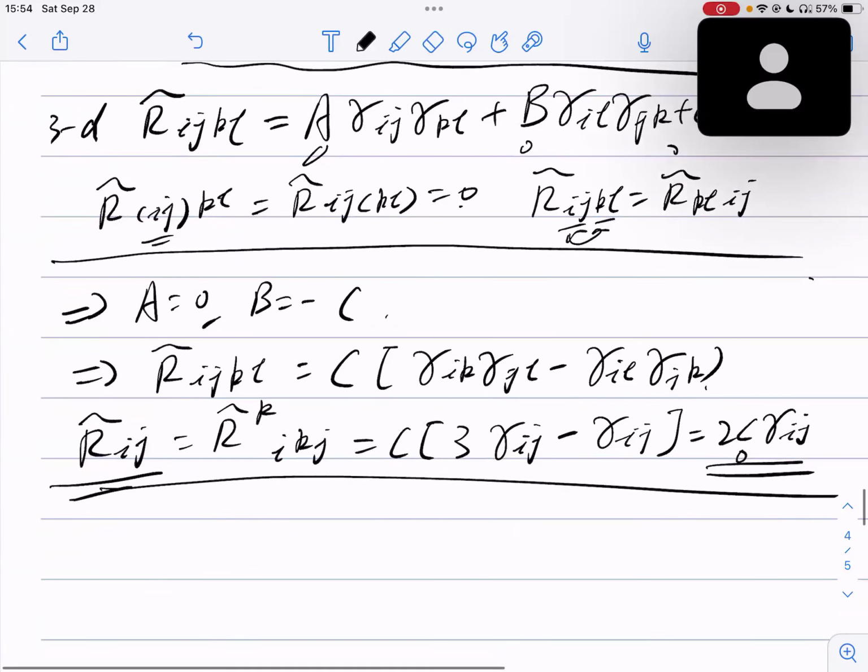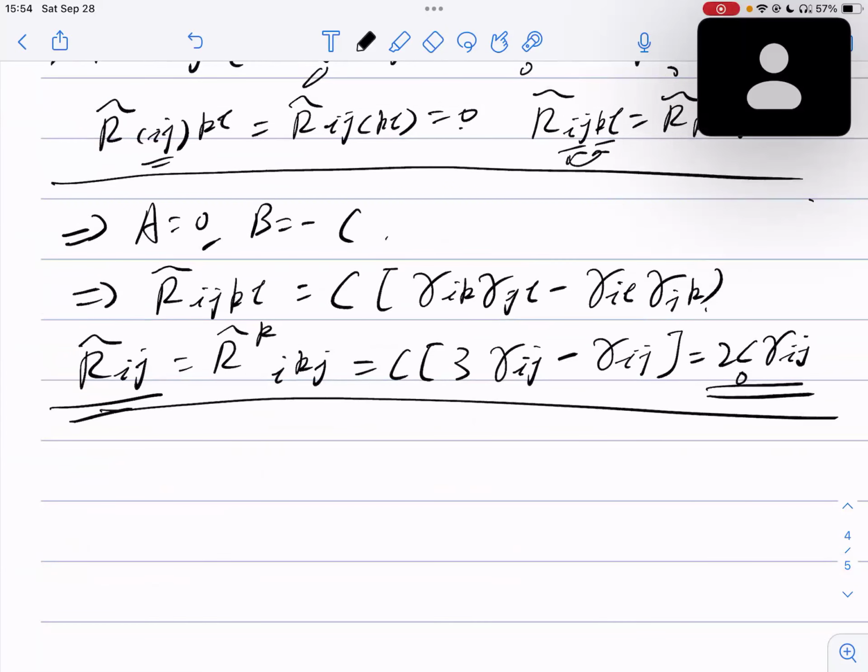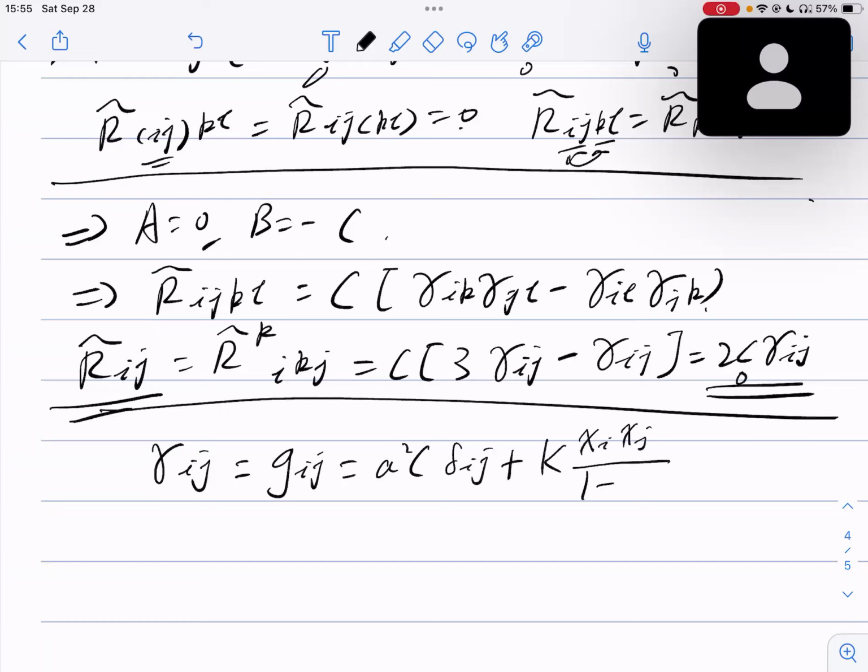So let's begin. Recall the expression of gamma ij. Gamma ij is just the space component of the metric Gij, and it equals a square delta ij minus k xi xj over 1 minus k x squared. Now we want to treat the situation at the origin, so we set x equals 0.